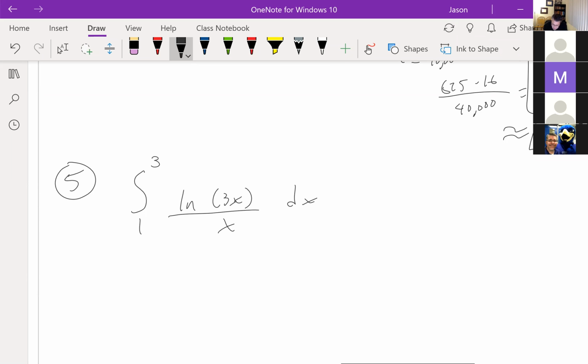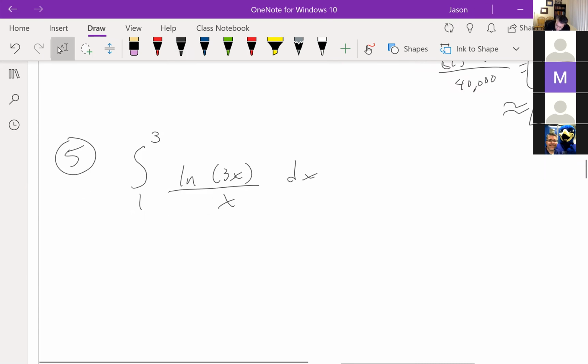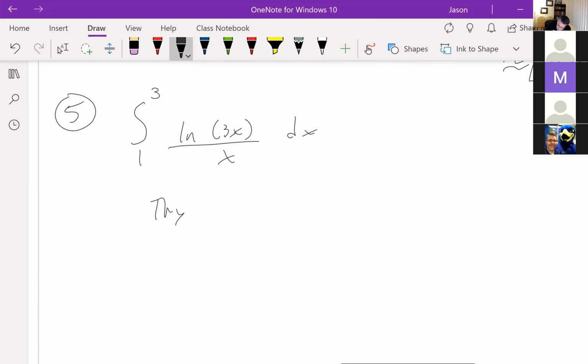What's going to be the u in this case? Let's try 3x. The u's don't always work out. If u is equal to 3x, then du is equal to 3 dx.